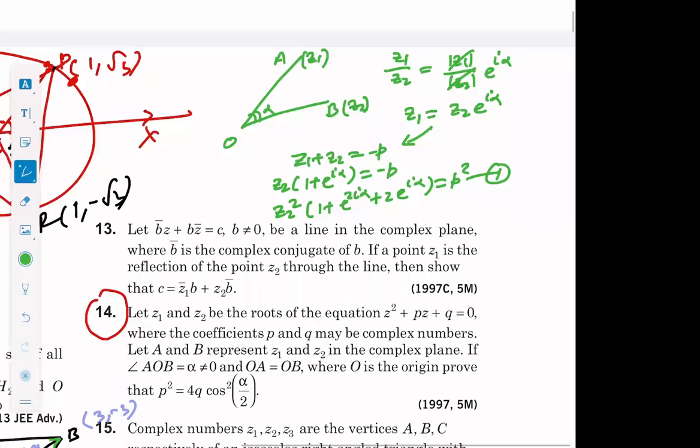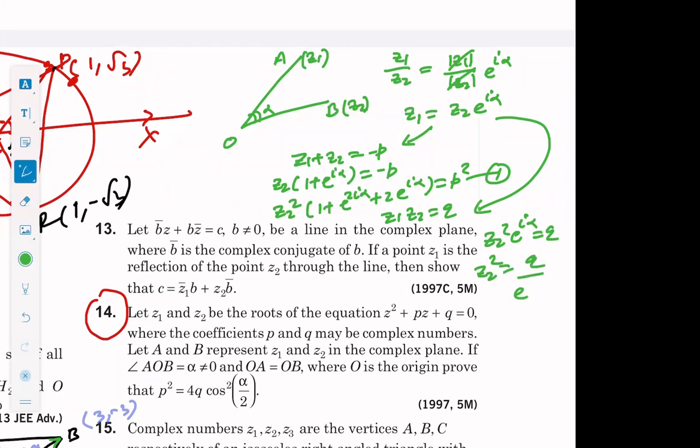Now the product of roots is Q. So if you put this value here, you will get Z2 square e to the power i alpha is equal to Q. So basically Z2 square is Q upon e to the power i alpha. So you just have to write here, and in the next step you will get the answer.